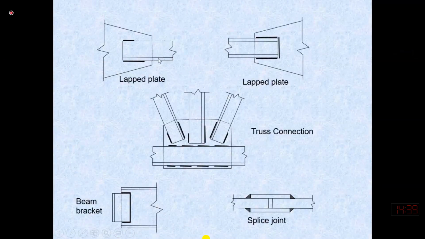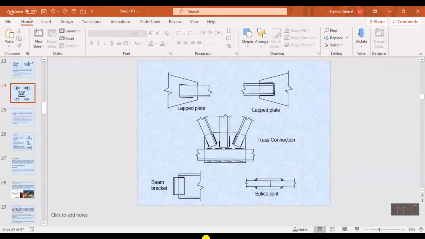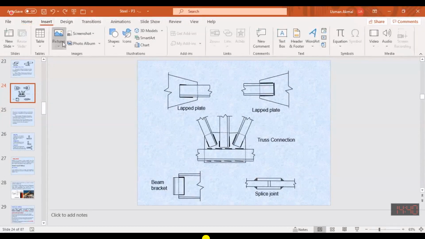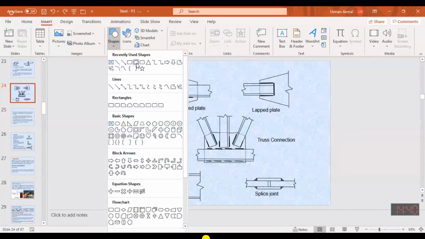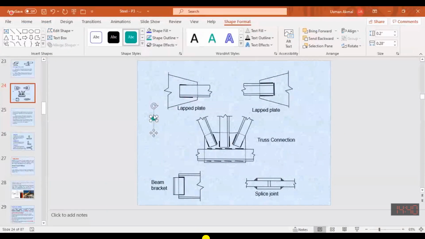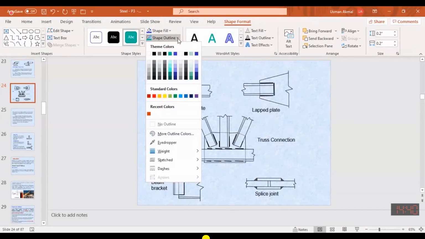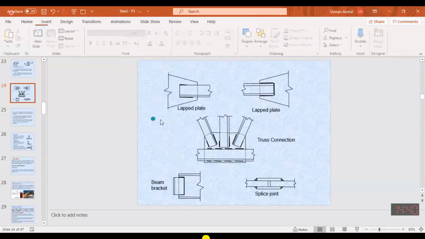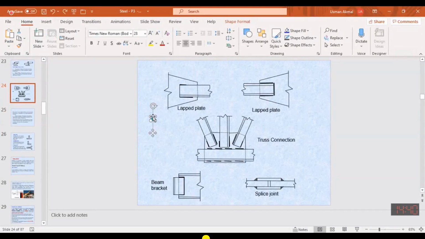Here we are connecting this angle section with the help of welding with this gusset plate. Let's suppose we are supposed to connect with the help of fasteners.